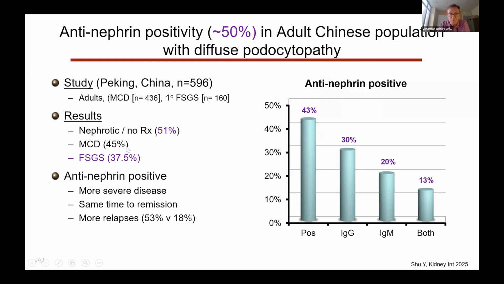When they broke this down into minimal change disease and FSGS, they found about half of the minimal change patients, but surprisingly there was quite a high proportion in the FSGS group as well. Of note, they also looked for IgG, but also IgM, and they found IgM antibodies in about a third.